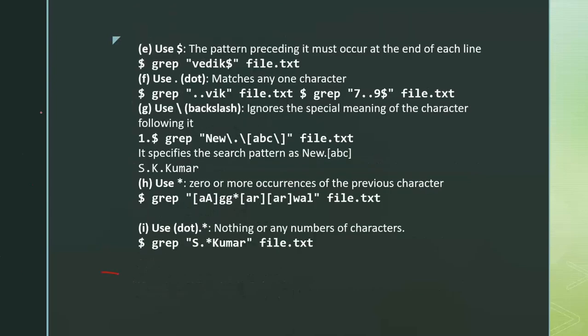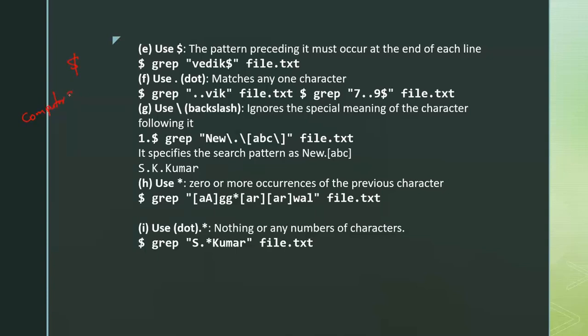Next, the symbol we have is dollar. Whenever you want to find anything at the last character or the end of a word, you'll be using dollar. For example, you can consider any word, like computer.